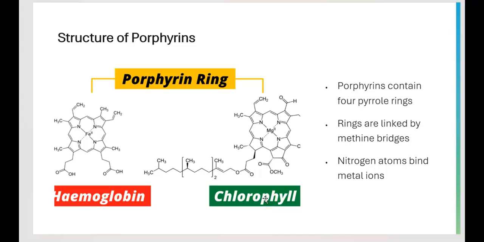This image shows the porphyrin ring chemical structure of the iron porphyrin with the heme in the hemoglobin and the magnesium porphyrin in chlorophyll, which helps with the photosynthetic pigment in the plant.